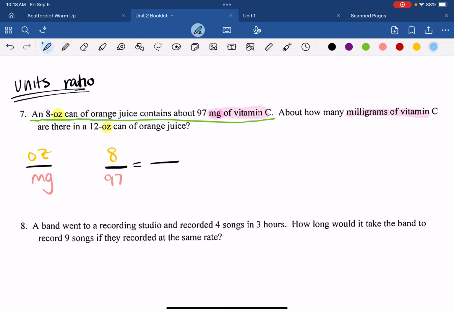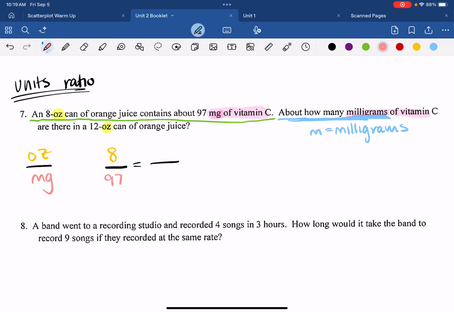So now let's look at what other information I'm given. I'm asked about how many milligrams. Pause. I'm asking you how many milligrams. That should give me a clue that M is going to be my variable. M is going to represent milligrams. And if we're talking about milligrams, where should it go in my fraction?